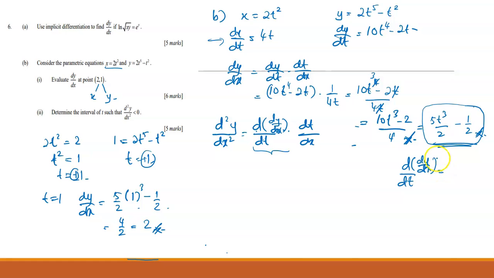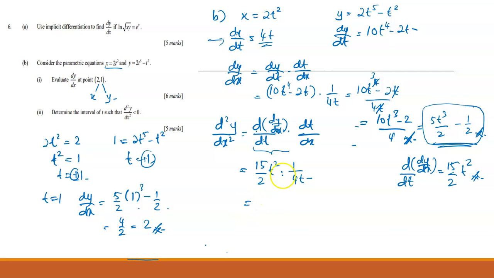Differentiate dy/dx with respect to t. The derivative of the half is 0, and for the t cubed, bring down the 3, 3 times 5 equals 15 over 2, and t to the power of 3 minus 1 equals 2. So now this is 15 over 2 t squared, and dt/dx is 1 over dx/dt, which is 1 over 4t.